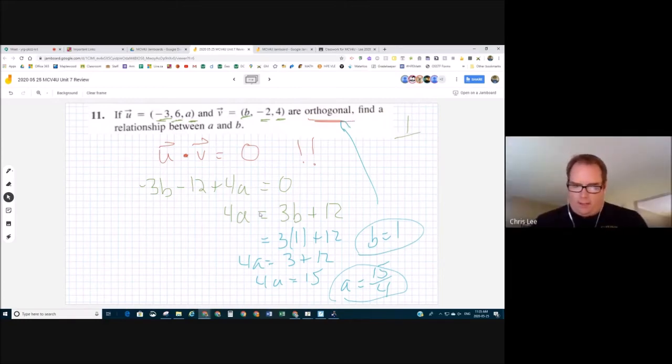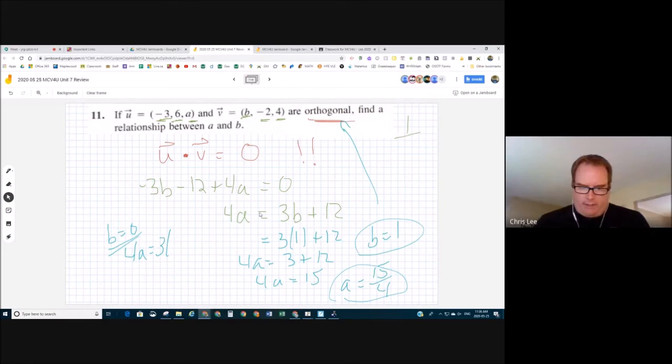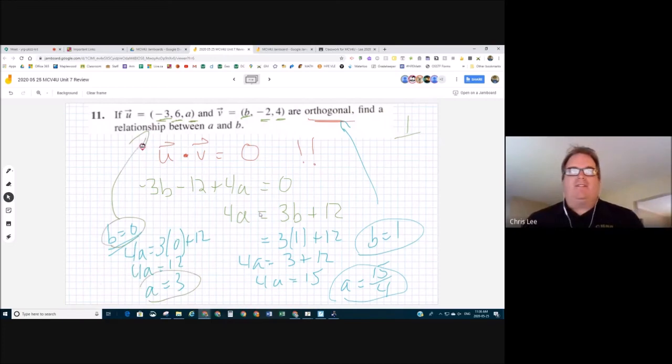If we had chosen b to be 0, it would be even easier. 4a equals 3 times 0 plus 12. So 4a would equal just 12, and a would equal 3. And there's another set of a and b values that, if we plugged it in, would get two vectors that are perpendicular. You can imagine that there are thousands and thousands of answers to this question because of how many perpendicular vectors there are.